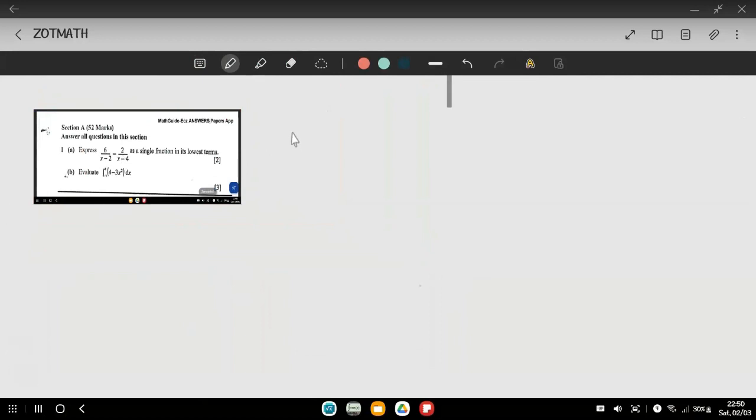The integral, with the upper limit 2, the lower limit -1, and then we've got this expression. Do you know what they want you to do when they tell you to evaluate such a thing? The target here, what they want you to do.